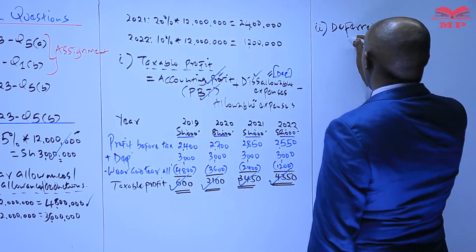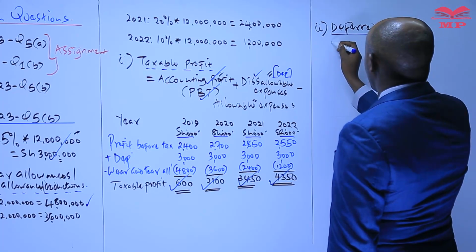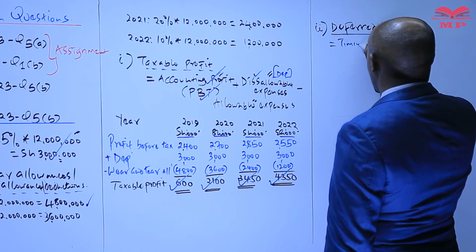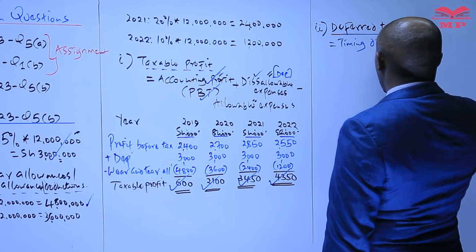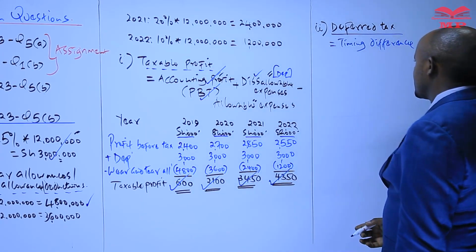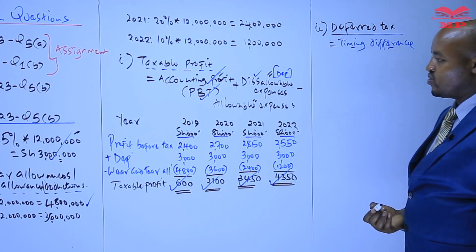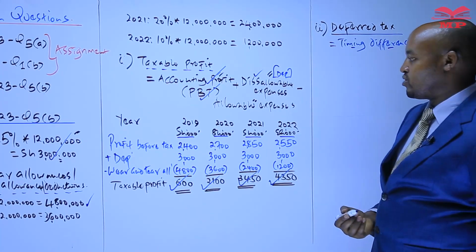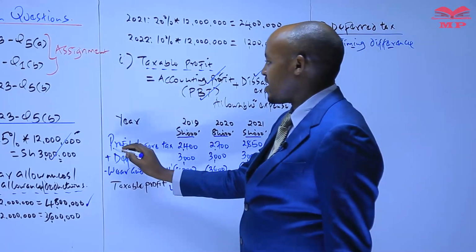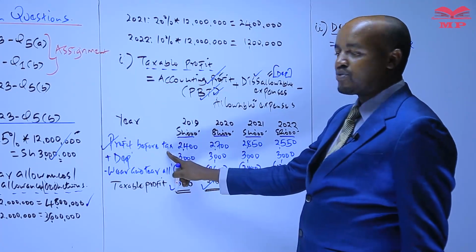So what we need to do here for us to compute the deferred tax, we need first of all to compute something called the timing difference. So what is the timing difference? The timing difference is the difference between accounting profit and taxable profit, which gives rise to deferred tax. I hope you can see in our case, we already have the accounting profit. Remember, accounting profit is the same as the profit before tax.